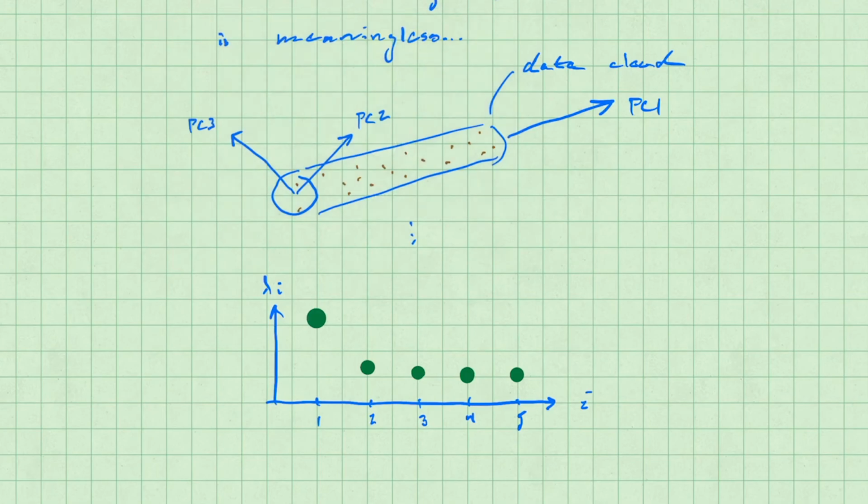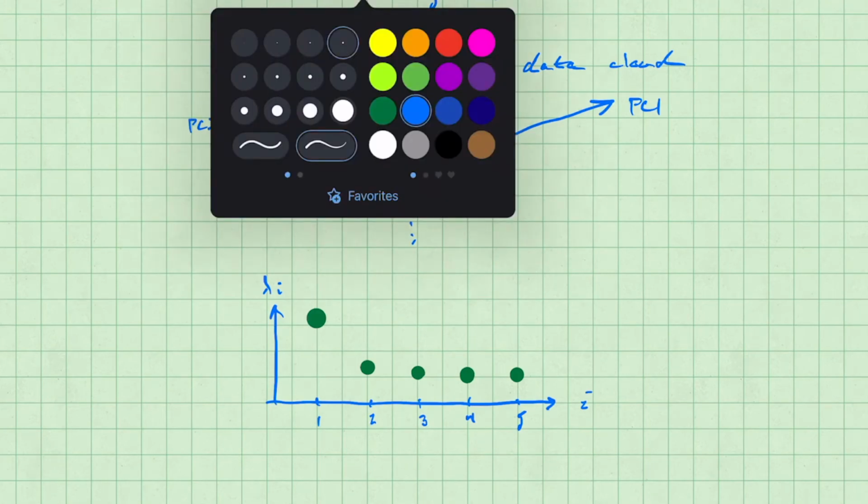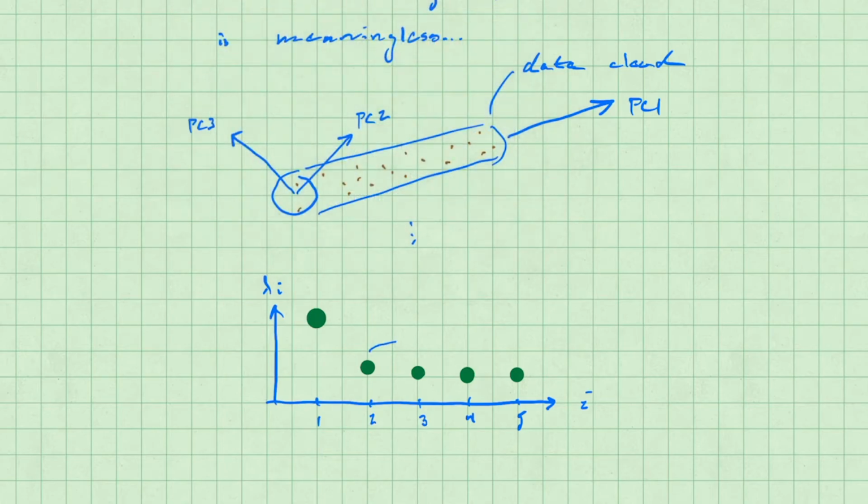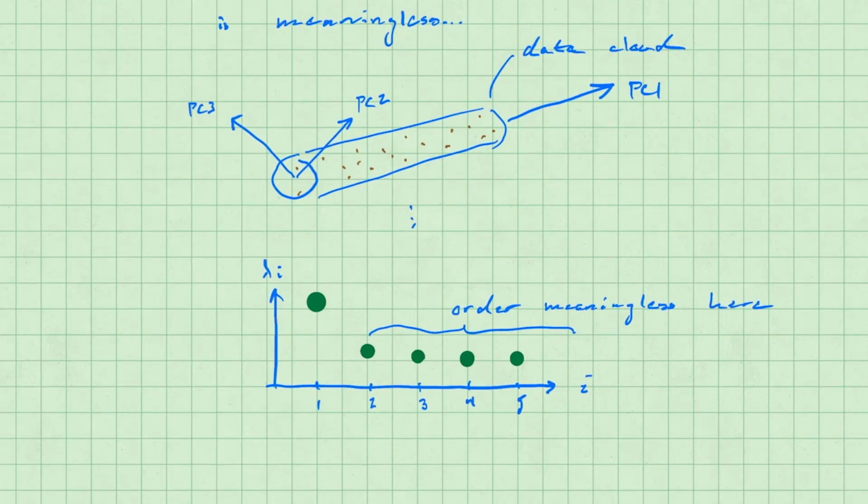And so the way to spot this issue is to look for just similar lambdas. So the order is meaningless here, not for principal component 1, but for principal component 2 and above, it's kind of meaningless.